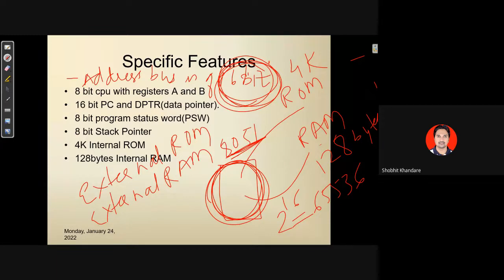It is bytes or bits or kilobytes or what? What is the unit? Bytes. Yes, it is bytes. So if I am having 16 address lines, I can address 65536 locations.